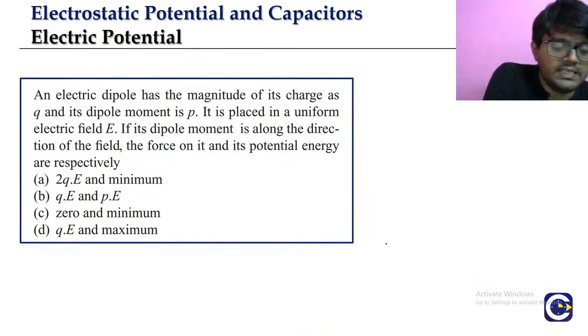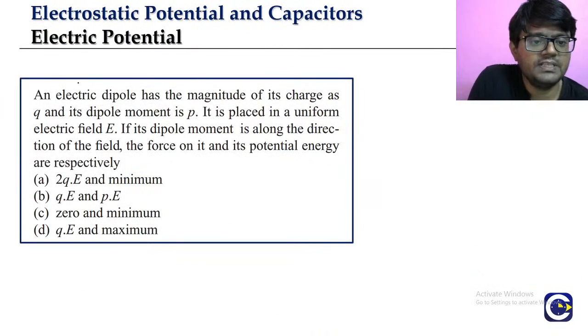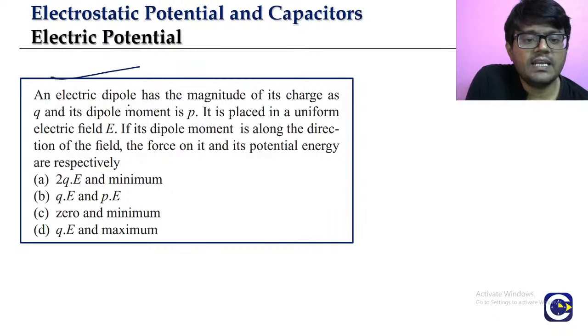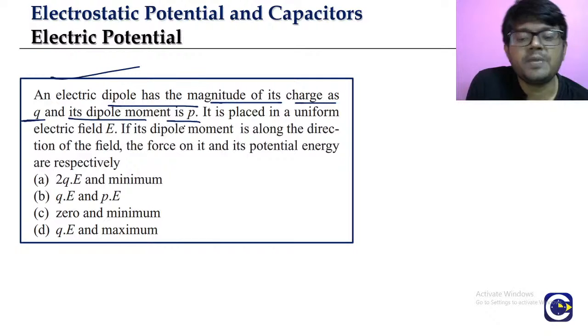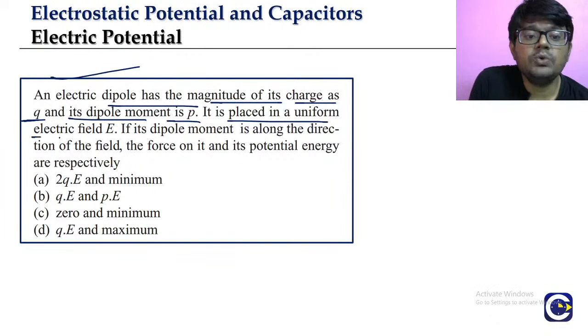பாருங்க, these are some of the questions that have come in the previous years. An electric dipole has magnitude of its charge as q and its dipole moment is p. It is placed in a uniform electric field E. எங்க நாம place பண்ணிருக்கோம்?